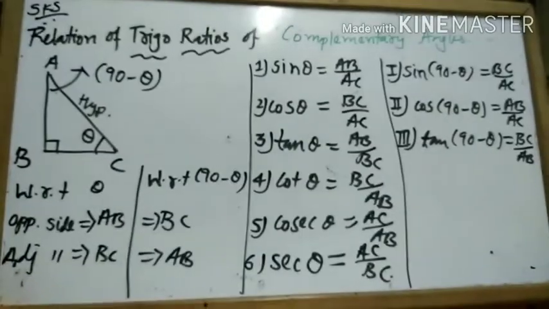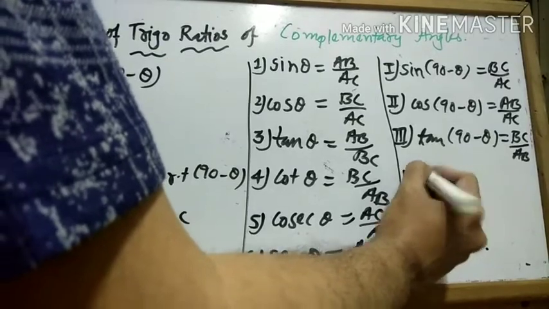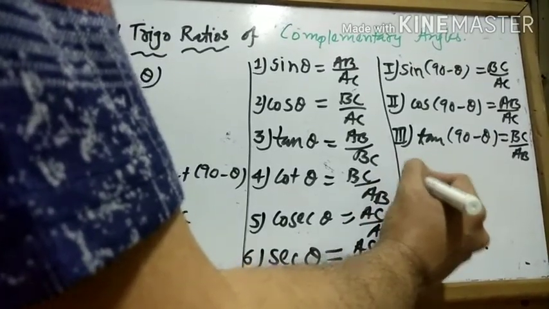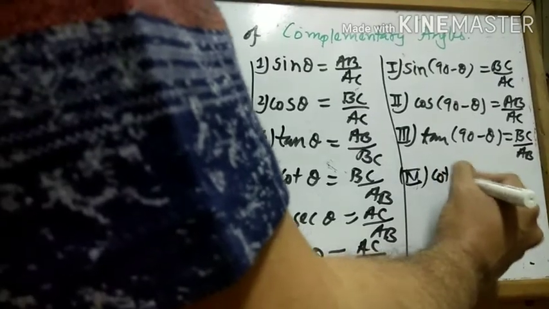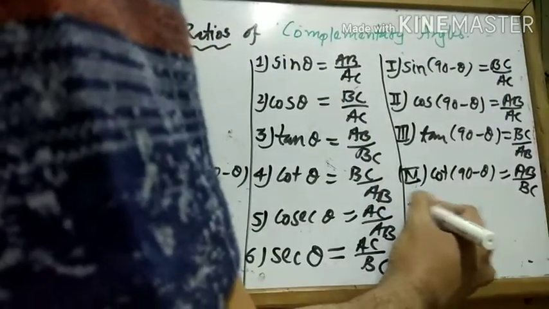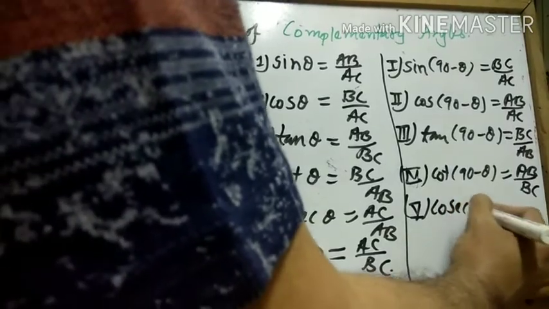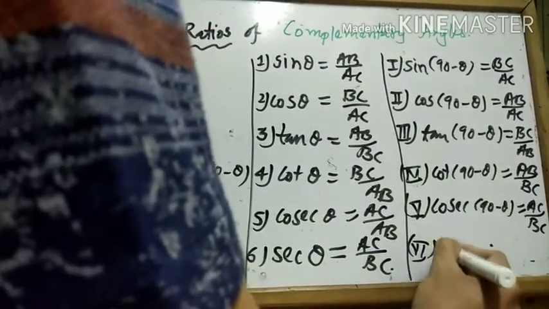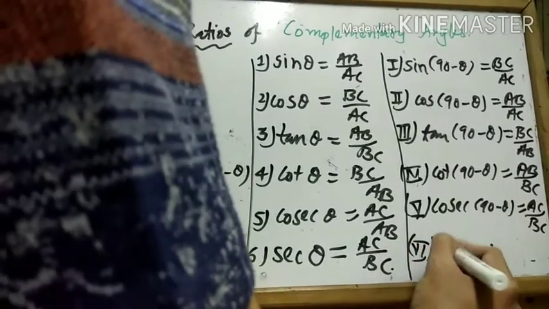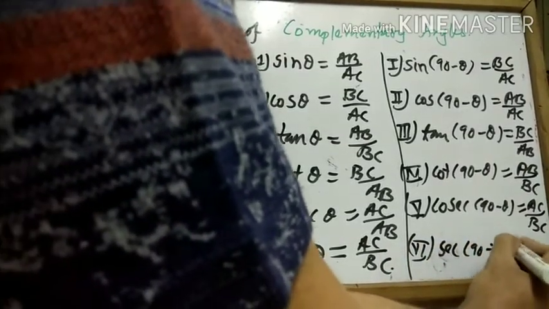I am not going much into detail, opposite upon hypotenuse, etc., which you have already learnt very well. Cot 90 minus theta will be AB over BC. Cosec 90 minus theta will be AC upon BC. Sec 90 minus theta will be equal to AC over AB.